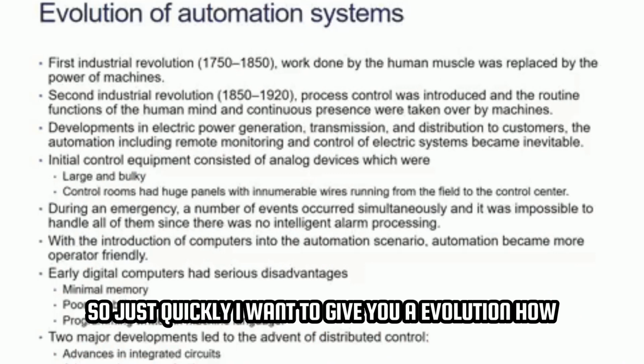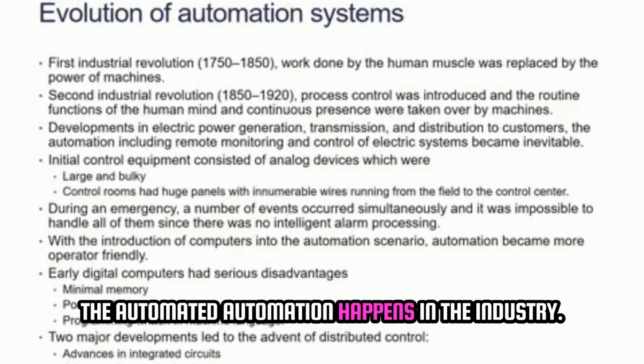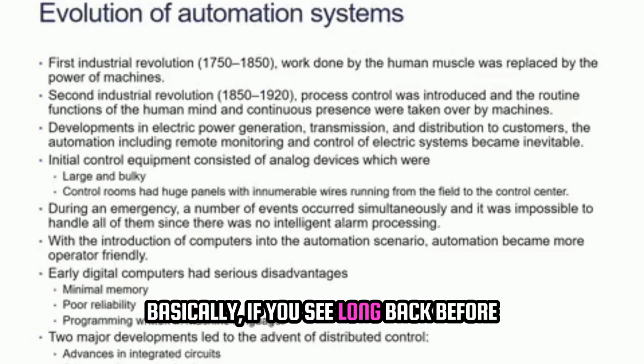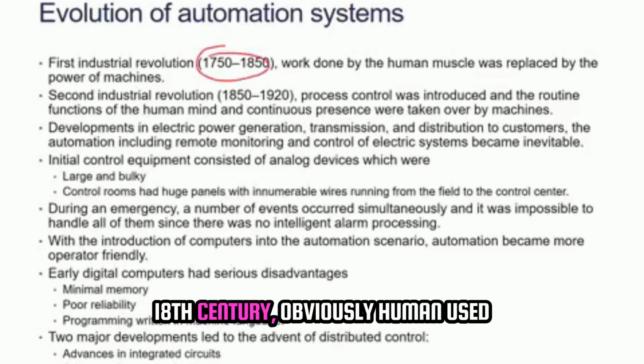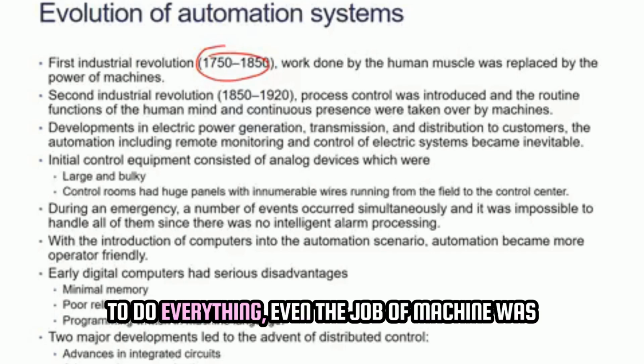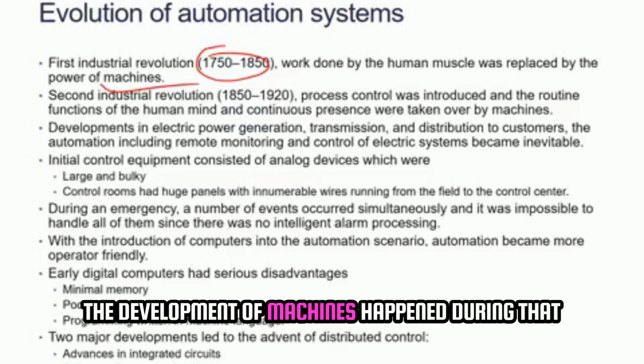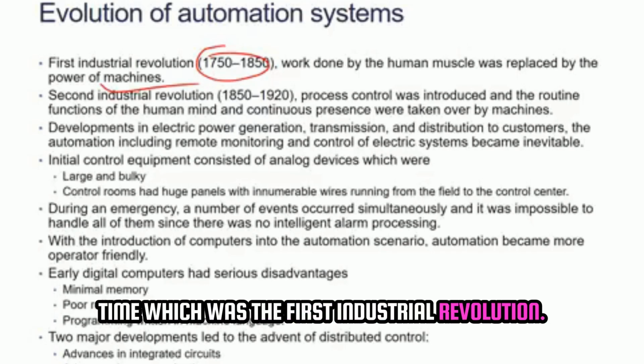So just quickly, I want to give you an evolution of how automation happened in the power industry. Long back, before the 18th century, humans used to do everything, even the job of machines. Then the development of machines happened, which was the first industrial revolution.